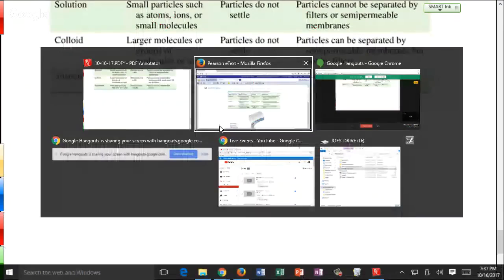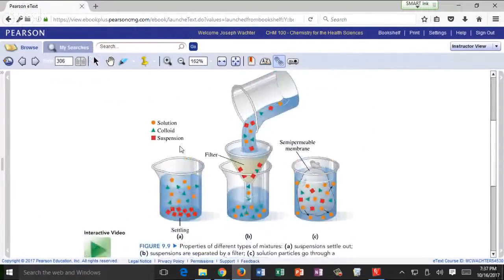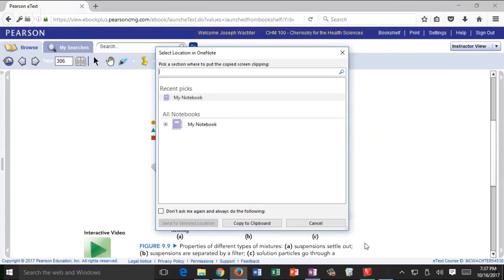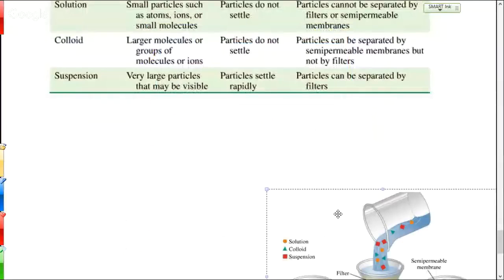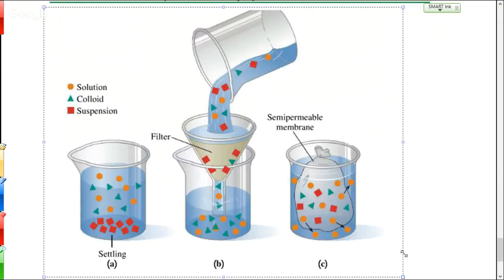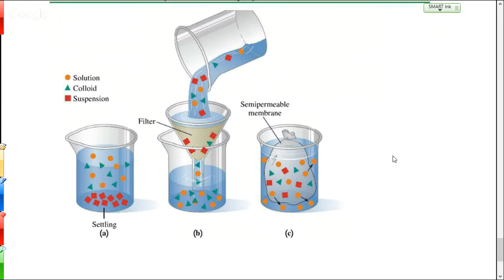There's a nice picture of that separation here. It's not a great figure because it's got a lot going on, but let's take a look at it, and it sums up all that stuff. We define those three things often by how we separate them. If we had a mixture of all three, you could find that if you let it sit, the suspended particles would settle, the others would not.